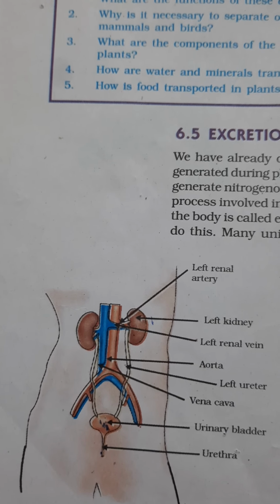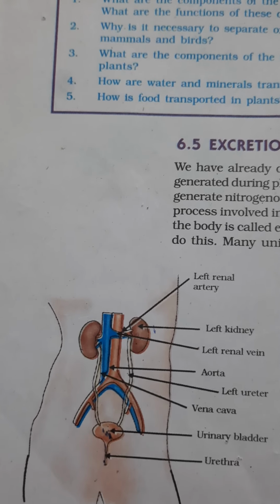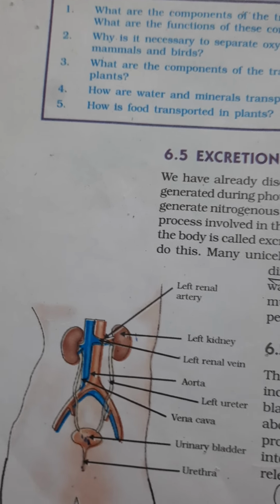The kidney helps in filtration. Now how? The kidney consists of a basic filtrating unit that is called the nephron.